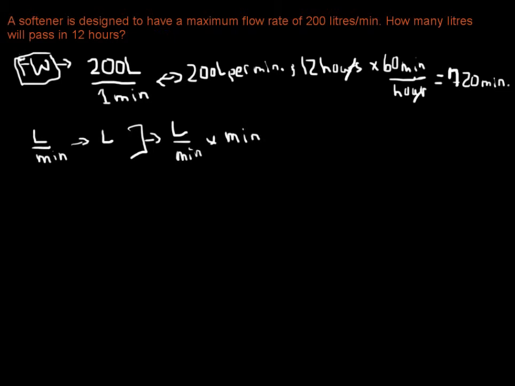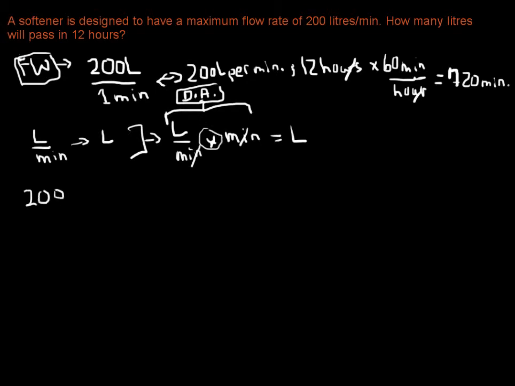I'm not including numbers here, I'm just doing the equation with the units, and this is referred to as dimensional analysis. It's just to see if you have the units right. Minutes cancels out and you're left with liters, and this is what we want. That's how we know this step is correct.